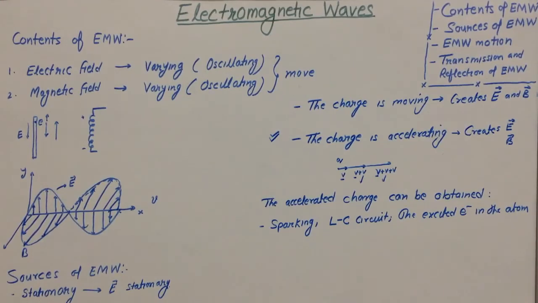Due to that oscillations, the velocity of the electron changes at different moments, and that extra velocity causes the movement of the electromagnetic waves. In this way, wherever you will find the source of electromagnetic wave, you will find behind that there is an oscillating charge or accelerating charge. And in this way, these are the sources of electromagnetic waves.